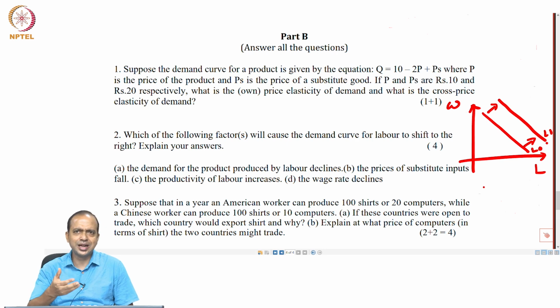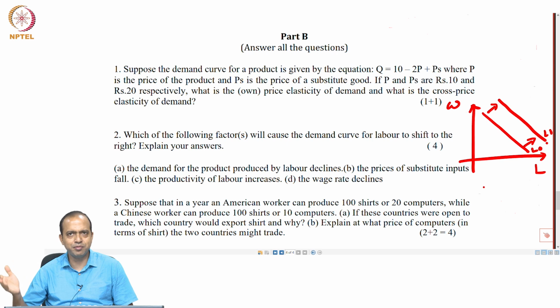So, obviously we can understand that the labor demand curve cannot shift right if the demand for the product itself is coming down. The derived demand is actually coming down. So, the first option cannot be the answer. If the demand for the product in which labor is used declines, then the labor demand curve cannot shift right.